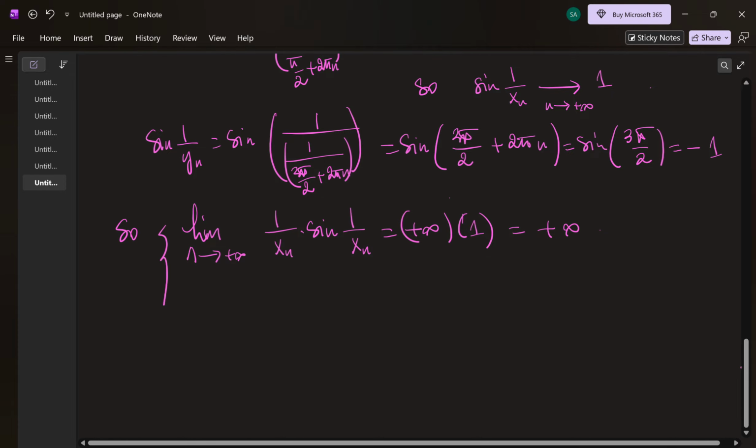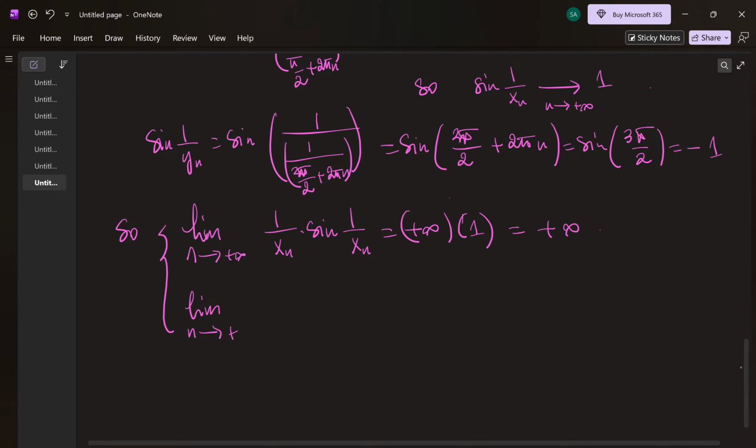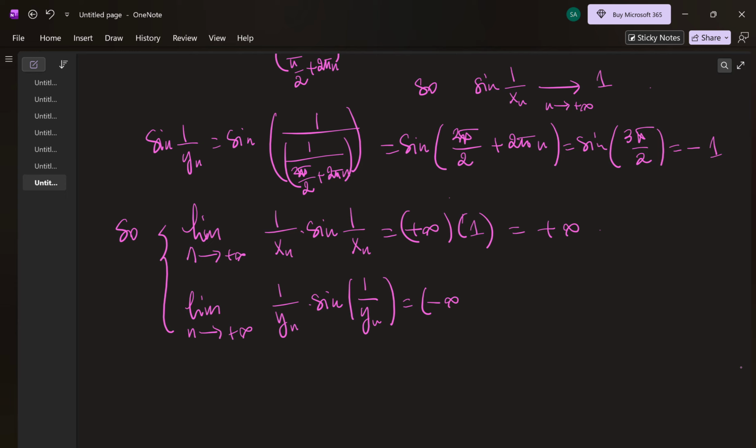At the same time, the limit when n goes to plus infinity of 1 over yn times sine 1 over yn is equal to plus infinity times minus 1, which is equal to minus infinity.